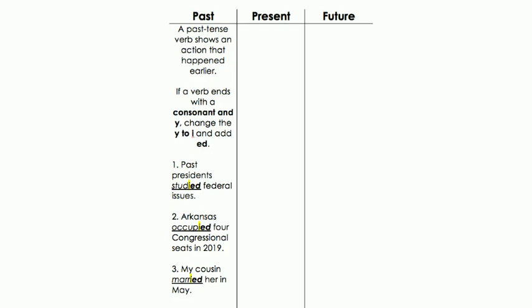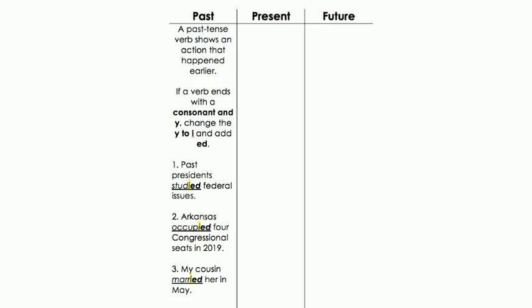Here are some examples. Number 1, past presidents studied federal issues. Study ends with a consonant Y. S-T-U-D-Y. Change the Y to I and add ed. Studied. S-T-U-D-I-E-D.